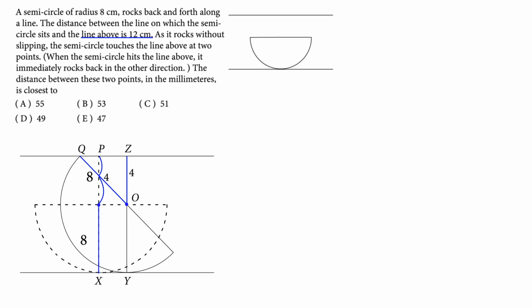So let's draw this triangle QZO on the side here to avoid making this diagram messy. So here is Q, here is Z, and here is O. And we figured out that that's 4. And this is, of course, just the radius, so that's 8. And this is a right angle. So now, using Pythagoras, I can figure out QZ.